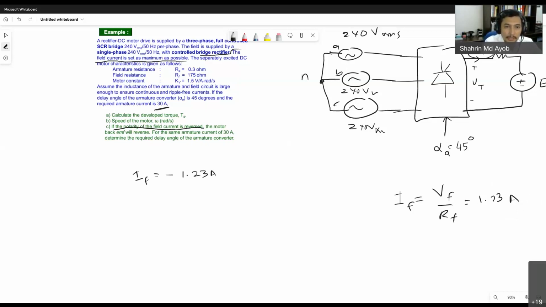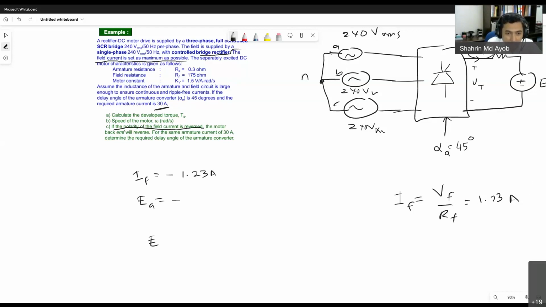If the polarity of the field current is reversed, meaning the current is now in negative values, automatically EA will be negative.